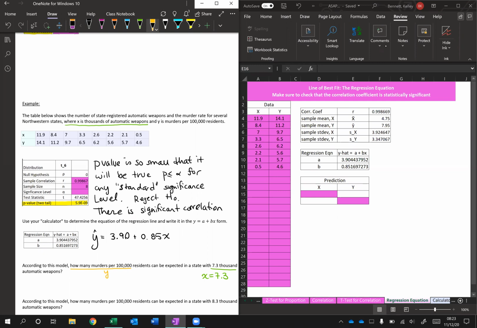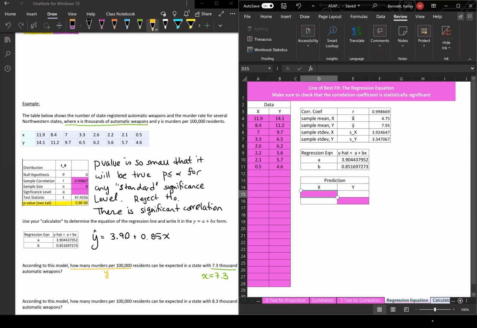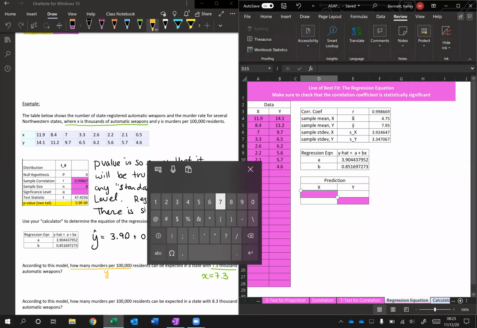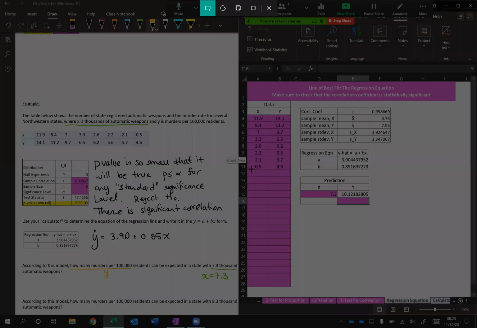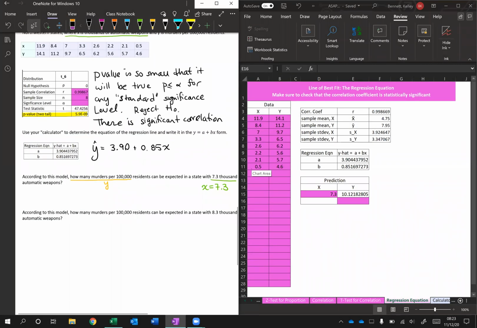All right, so when x is 7.3, we see that y is 10.122 roughly.